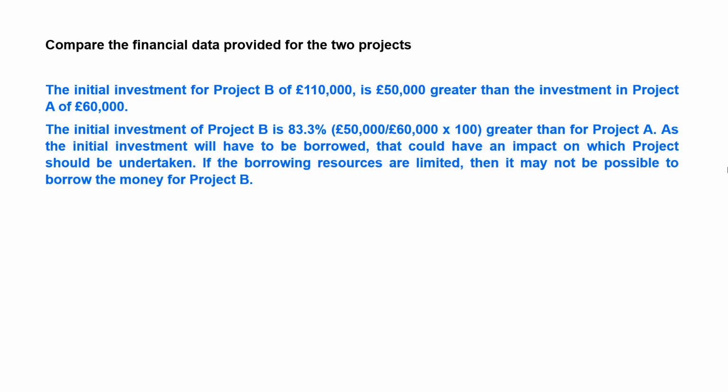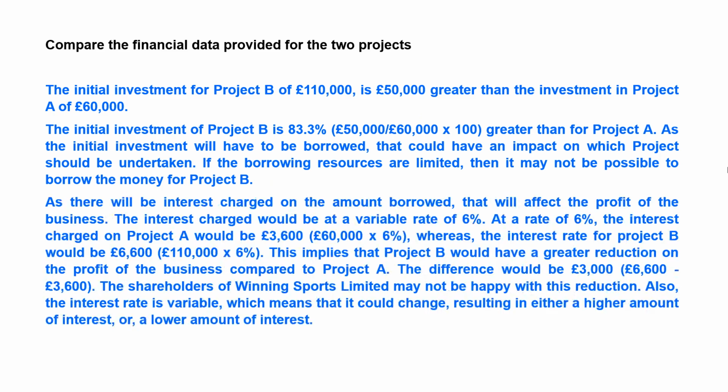As the initial investment will have to be borrowed, that could have an impact on which project should be undertaken. If the borrowing resources are limited, then it may not be possible to borrow the money for Project B. Now there's interest charges here. As there will be interest charged on the amount borrowed, that will affect the profit of the business. The interest charge will be at a variable rate of 6%.